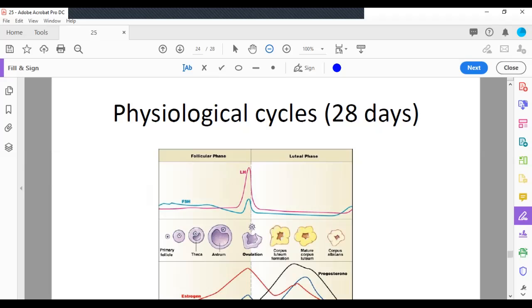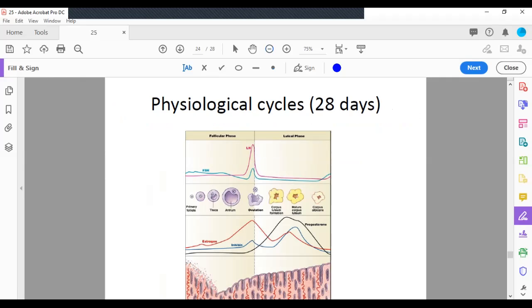So this is for fun. I won't ask you this on the exam, but I just want you to know. When you look at the physiological cycles, for every cycle we're assuming the average cycle is 28 days. Let's use that for comparison purposes. The first one is known as the ovarian cycle.